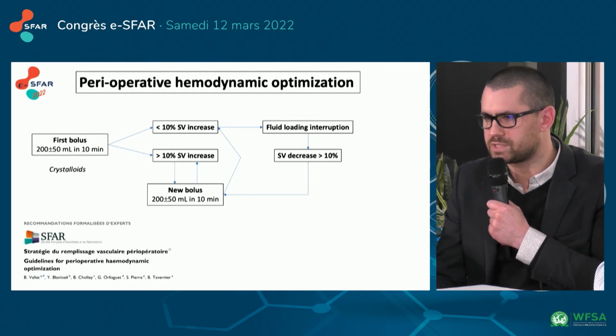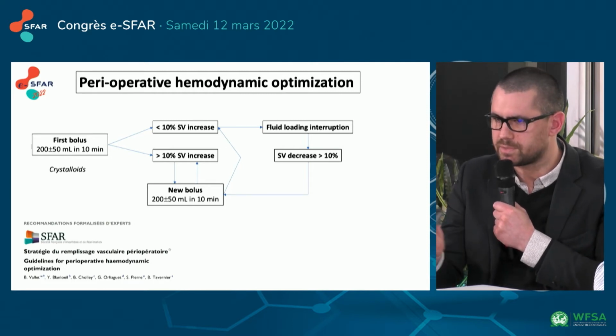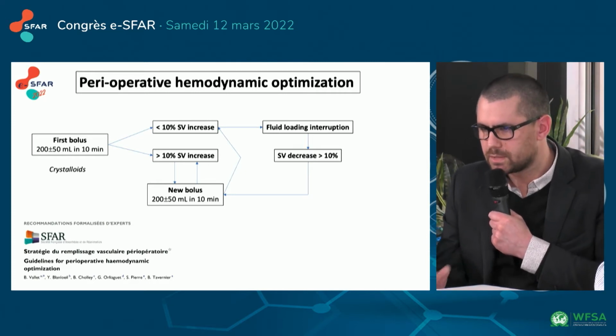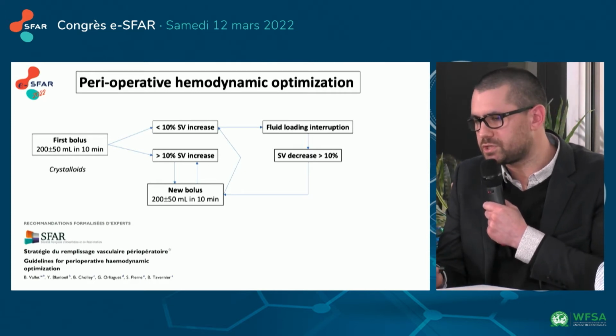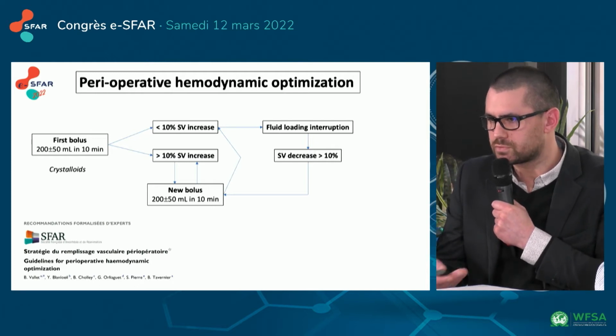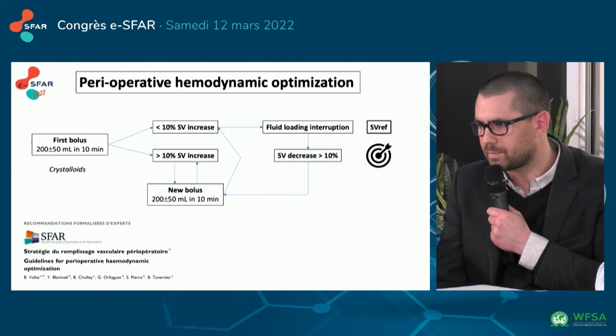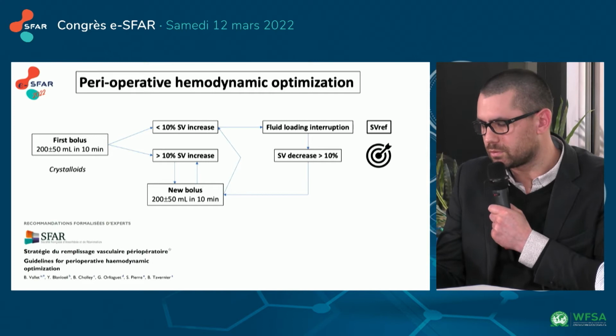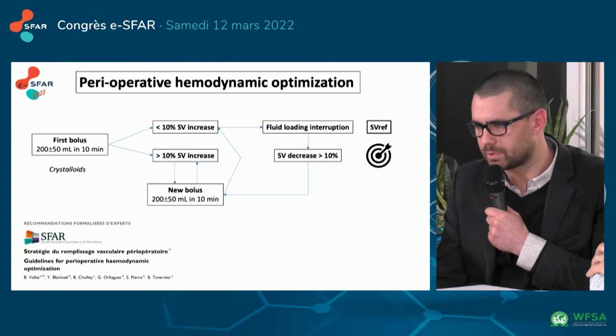So you can use crystalloids. I won't go through the debate about crystalloids or colloids today. So you can do fluid challenges to improve stroke volume and finally determine your stroke volume reference, which is the one you're gonna follow all surgery long.